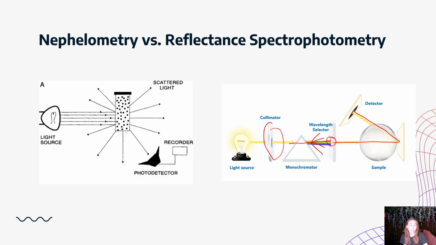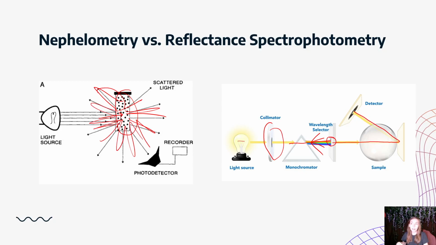The thing with nephelometry is that it is not keeping it very clean, right? In reflectance spectrophotometry, it's all that same single beam of light going through the specimen. With nephelometry, on the other hand, we are losing that beam. We don't care. The beam is gone. What happens instead is this whole thing should start to look like it's glowing, because we send light into the system, and then light comes out in all directions.